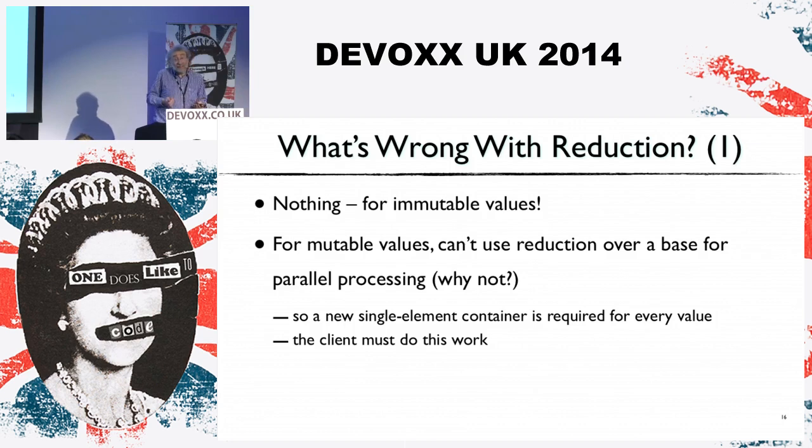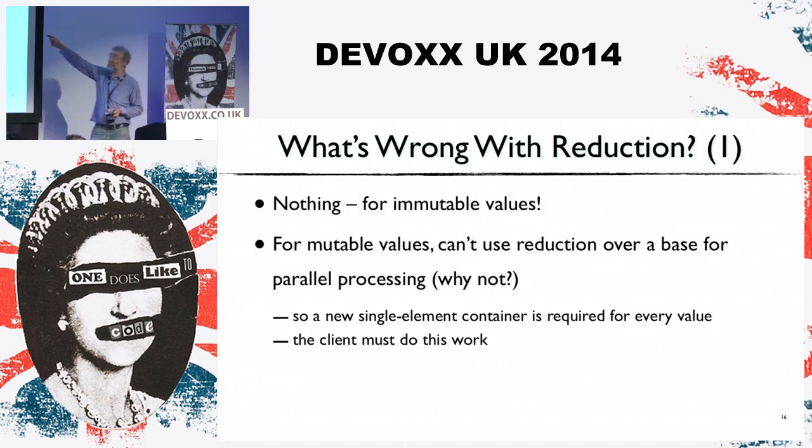For mutable objects like containers, if the first thread has changed the value in it, then the second thread, deciding to use it as an identity, is going to get the mutated value. It won't work. So reduction is really not very much use for mutable objects, and therefore very little use for reference streams generally. It's fine for primitive streams.